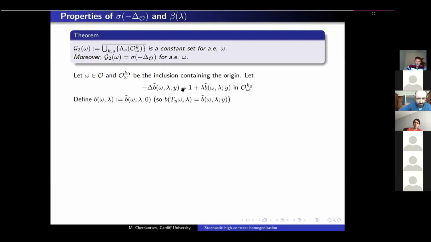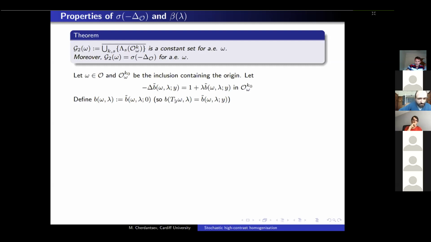Okay, so now we look at this function b tilde, which for each particular omega is the solution of this resolvent problem for the Dirichlet Laplacian on the inclusion containing the origin. And then we define the function b of omega and lambda as the value of this b tilde at the point y equals 0, basically at the origin.